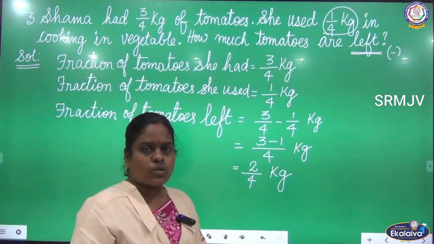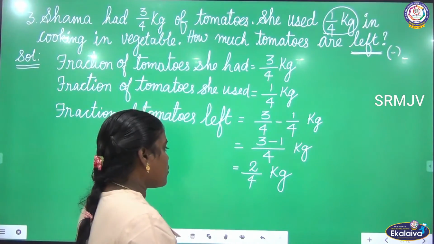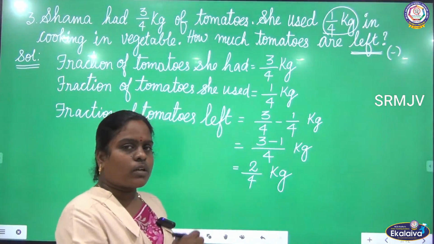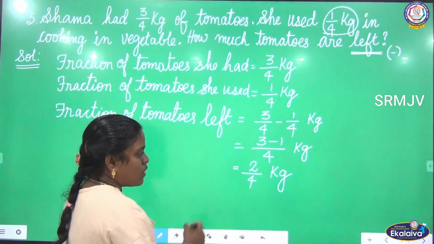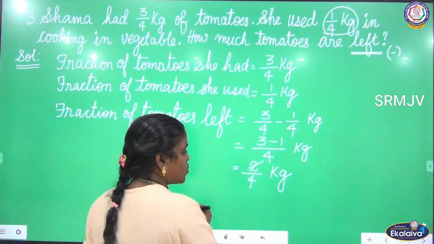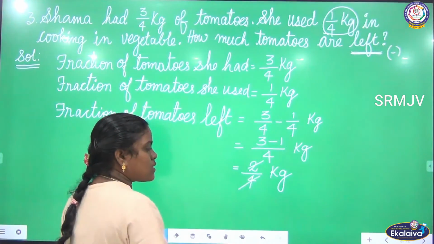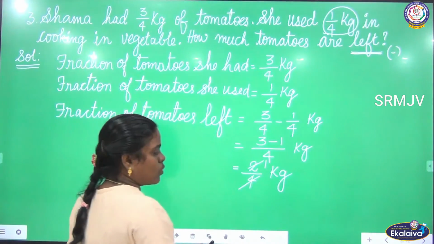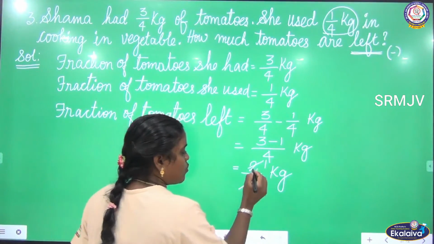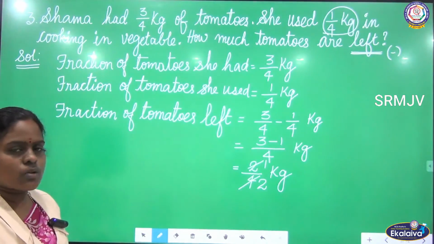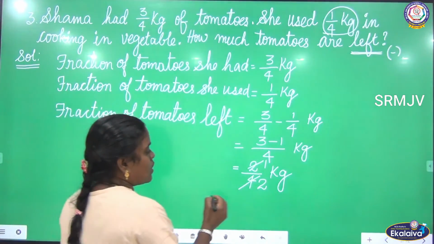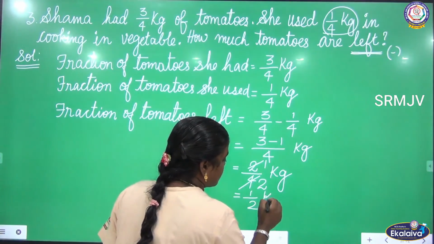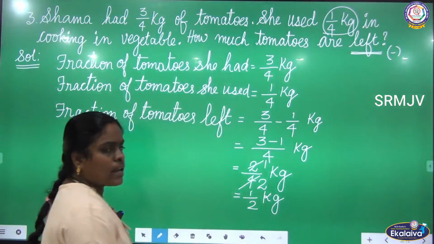The numerator is 2 and the denominator is 4. Can we have the common factor for these terms, for 2 and 4? Yes, we have a common factor. It is 2. So I am going to cancel these terms using 2 times table. 2 ones are 2 and 2 twos are 4. So how much tomatoes are left? Yes, 1/2, that is half kilogram tomatoes are left.